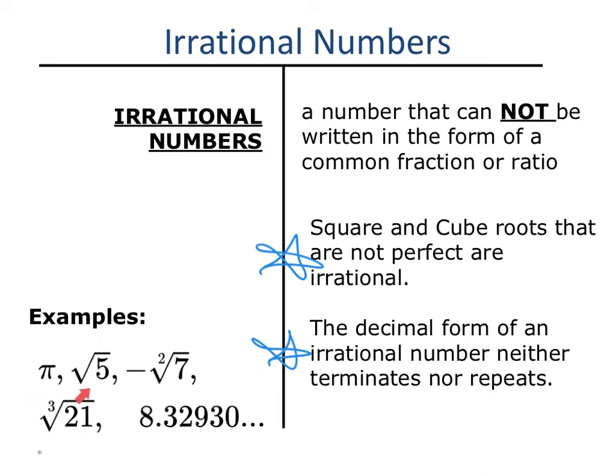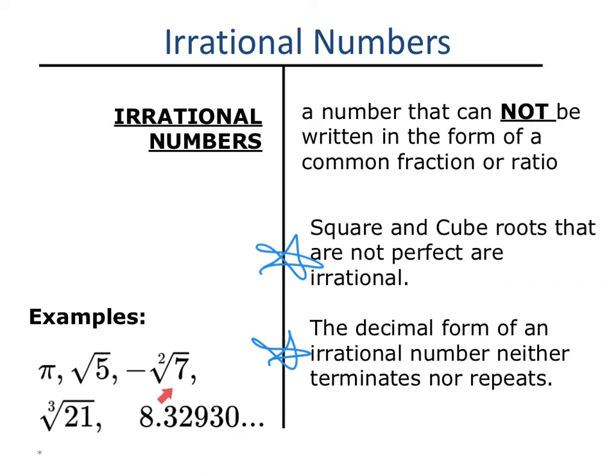The square root of 5. The square root of 5 is not a perfect square. So this is going to not be found on the number line. And the decimal form is not going to terminate and it's not going to repeat. Same thing with the square root of 7. 7 is a prime number, not a perfect square.